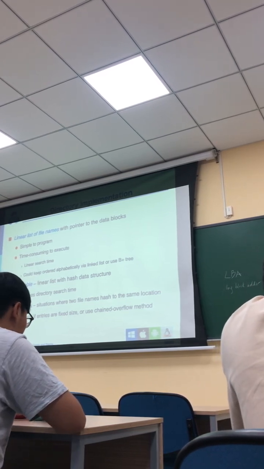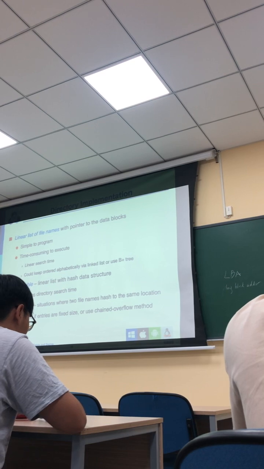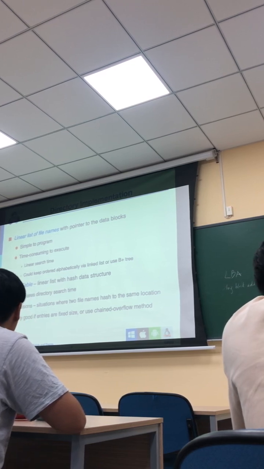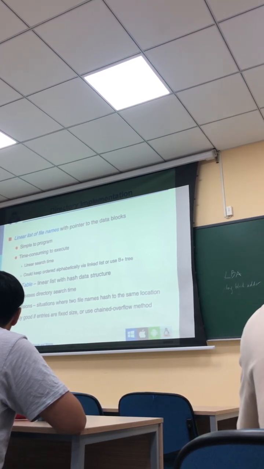We have only 365 days. Okay? And it means that in our university, many students will have the same birthday. This means that many students will have the same hash value of the birthday. So this is just an example to illustrate the collision.